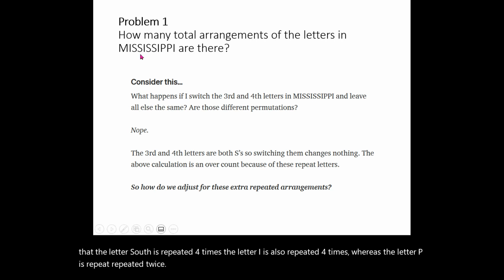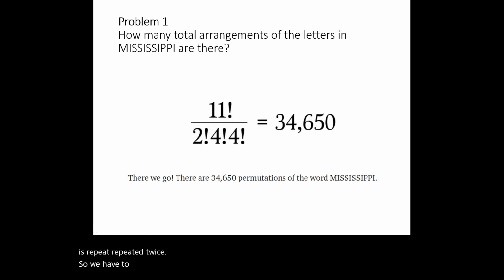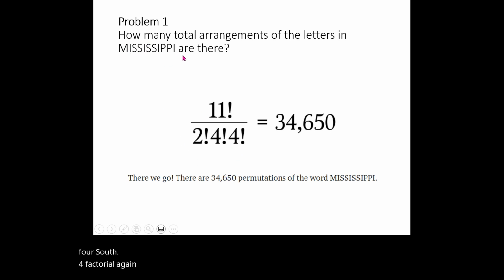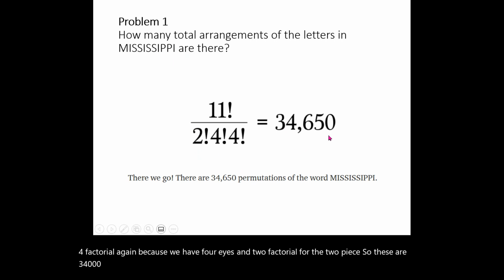So we are going to divide the original 11 factorial by the factorial of repetitions: 4 factorial because there are 4 S's, 4 factorial again because we have 4 I's, and 2 factorial for the 2 P's. So these are 34,650 different ways in which we can arrange the letters of Mississippi.